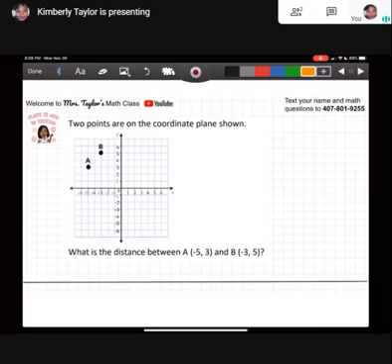So that's what I'm going to do here. So we'll connect A and B. And then if you notice, you can draw a line down like this. And you have a right triangle. So if you look, one side is 2. The other side is 2. And you're left with basically C, which is the hypotenuse.